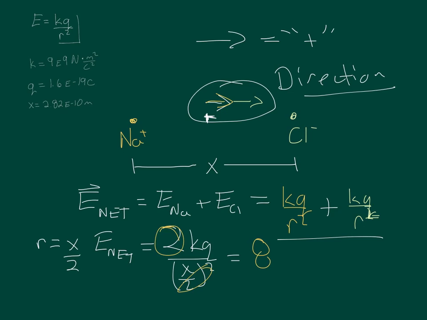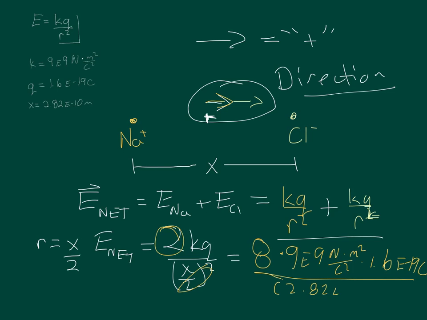We're actually going to get something that looks like 8 times, and then we'll go ahead and plug in 9e9 times q, squeeze it in there, and then all that's going to be divided by the 2.82e to the negative 10th meters, and then we square that.